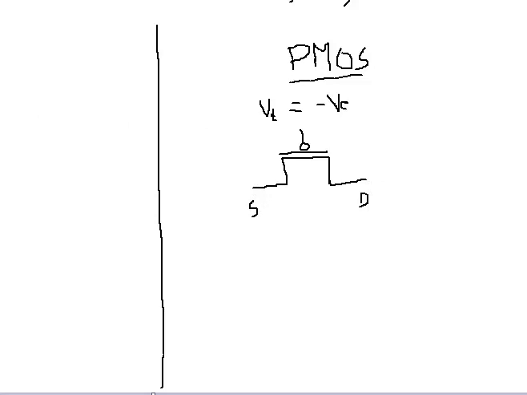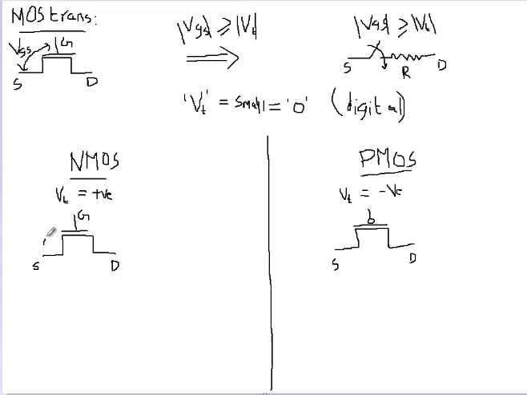For an NMOS, this is again VGS. Let me write it again over here, VGS. So whenever positive VGS is greater than VT, your NMOS will conduct.